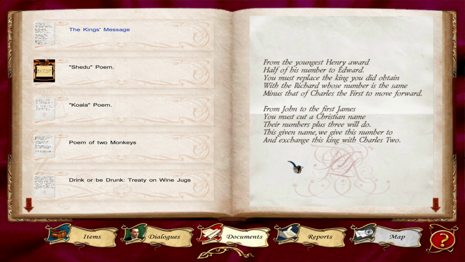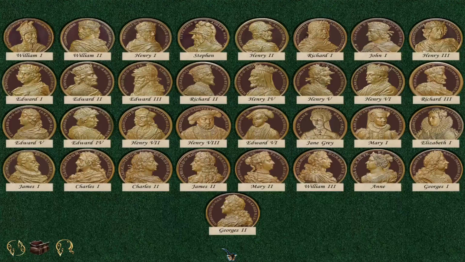All right, so if that's the case, John to James, what is this? The only one that intersects perfectly might be Henry the Fourth, from John to St. James.